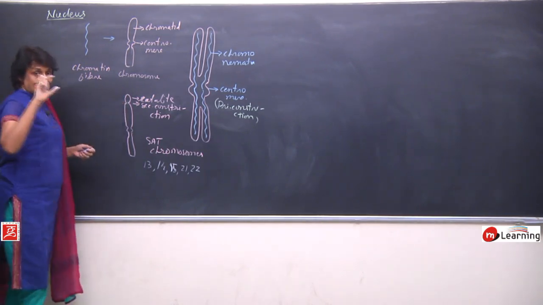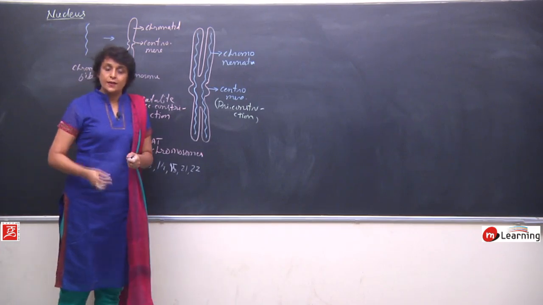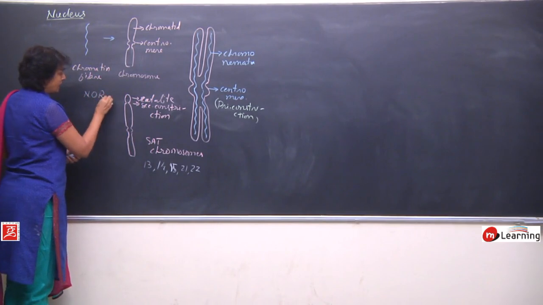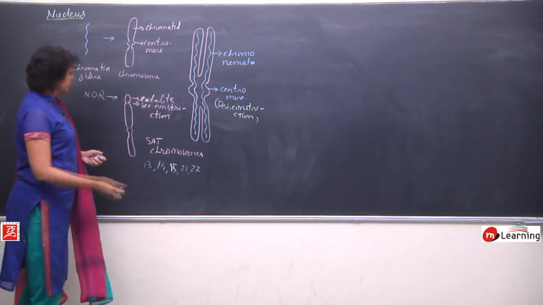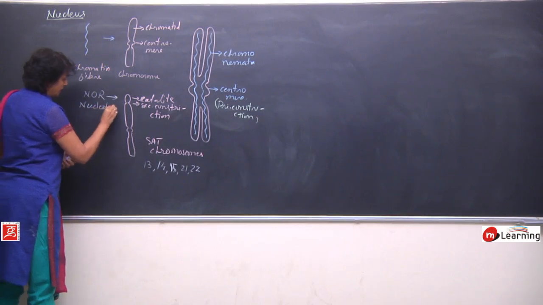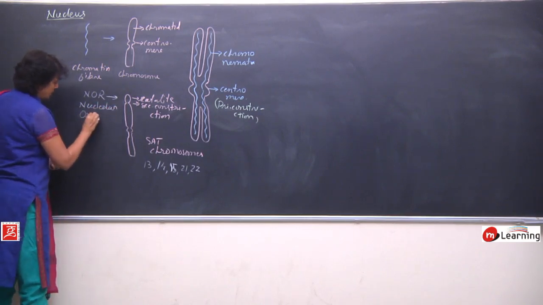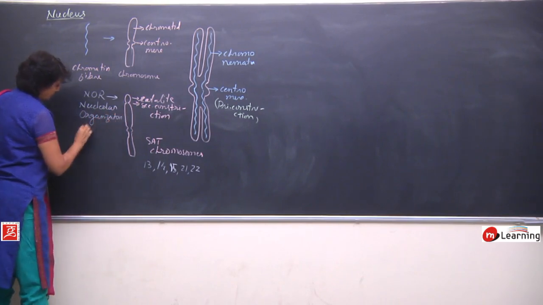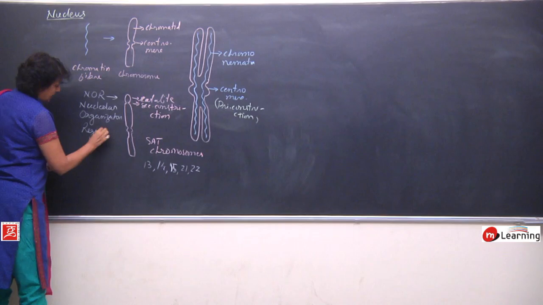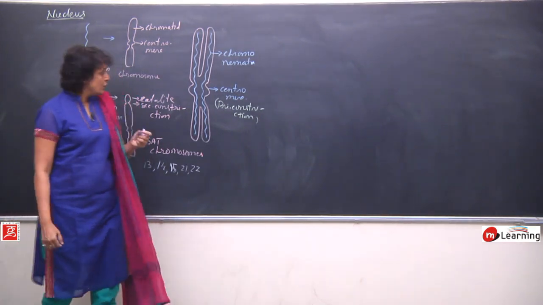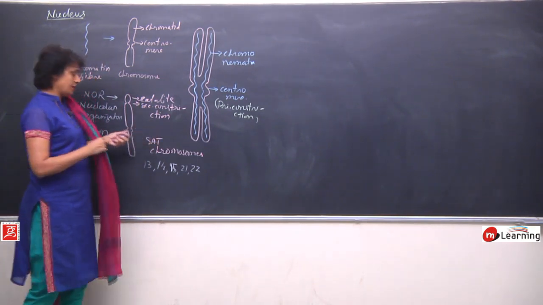This region, which is the satellite region formed after the secondary constriction, is also known as NOR. NOR is nucleolar organization region. That means this is the region where nucleolus will be assembled or organized.